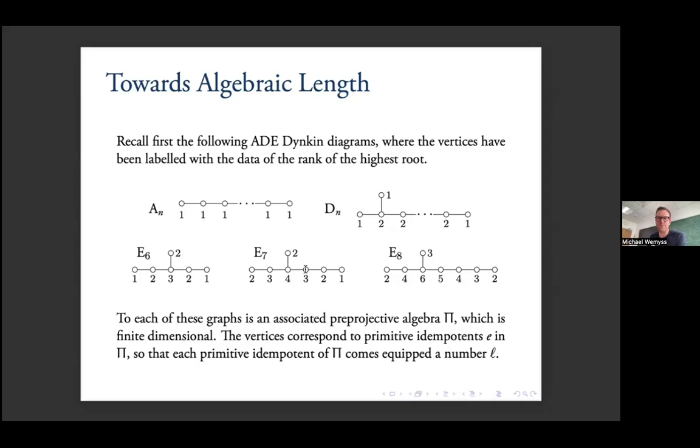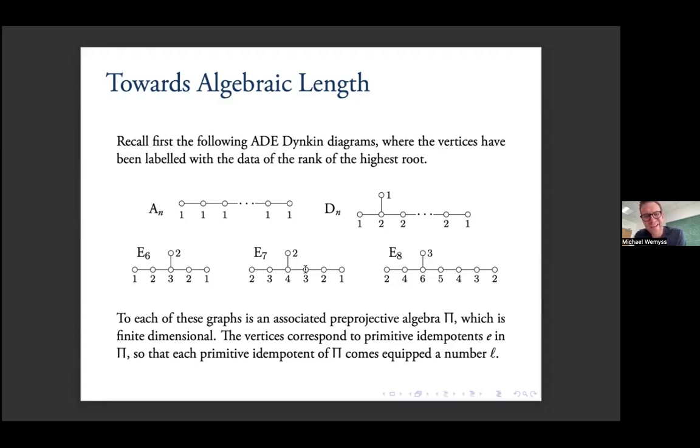Now, to every ADE Dynkin diagram, there is a preprojective algebra associated to it. Again, it's just a canonically associated algebra. It's got some relations, but that's not important for now. It's some canonically defined algebra, which happens to be finite dimensional. And just how quivers work, the vertices of the graph correspond to what are called primitive idempotents in the preprojective algebra. That's just quivers.